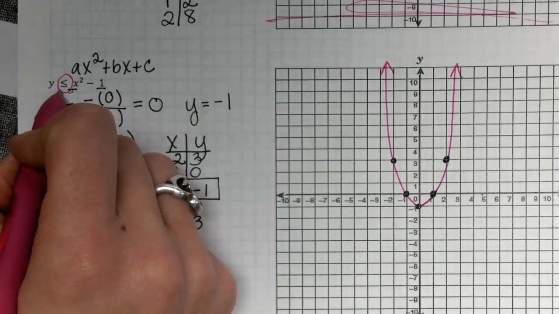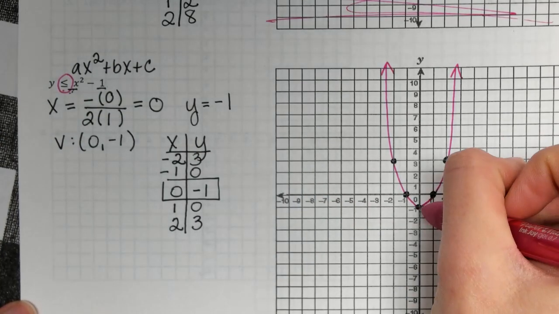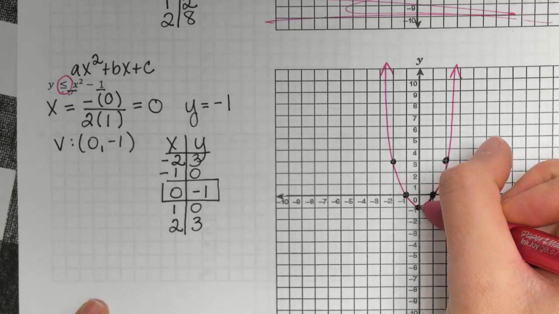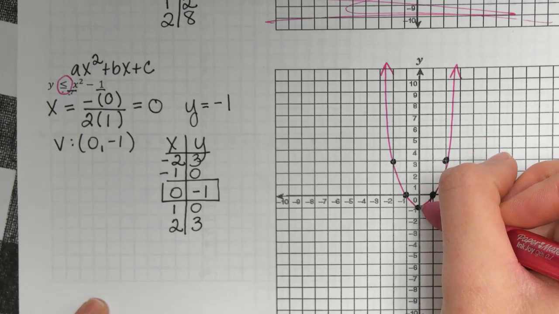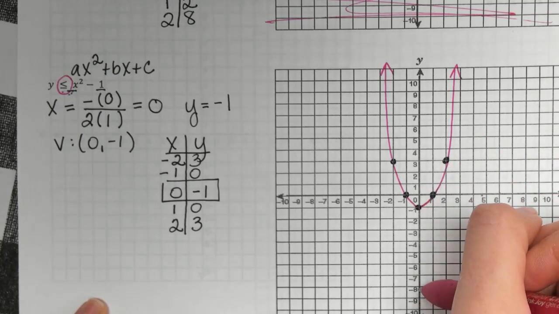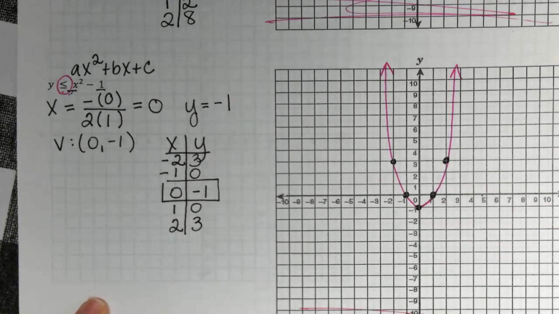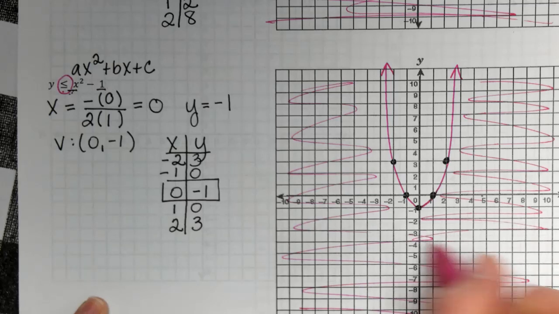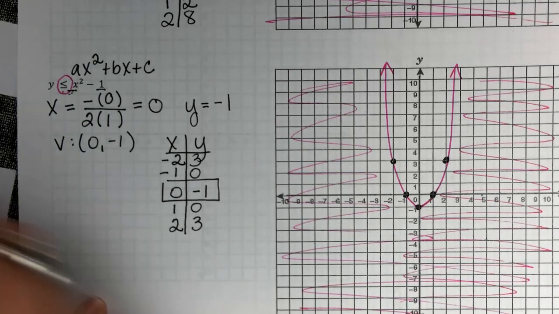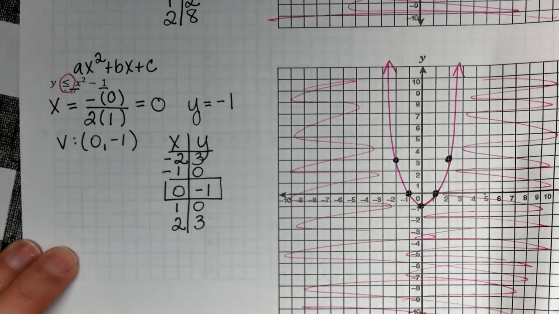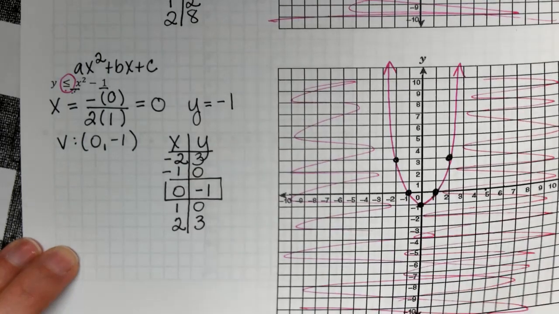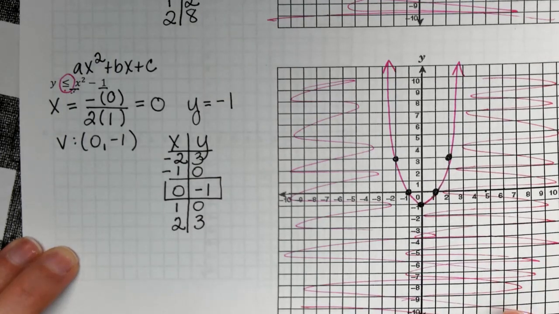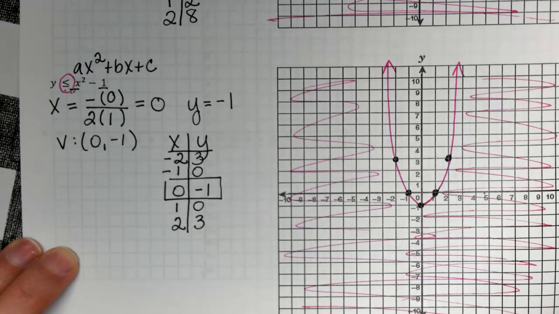Okay, now it's less than, so I start at my vertex, and in what direction am I going to shade? Less than goes down, so I would go down, and all of this would be shaded. You're good with that?